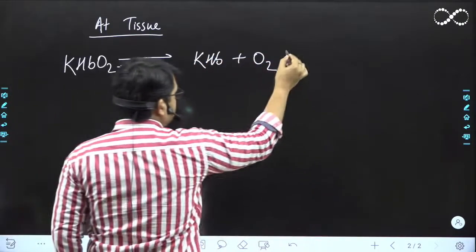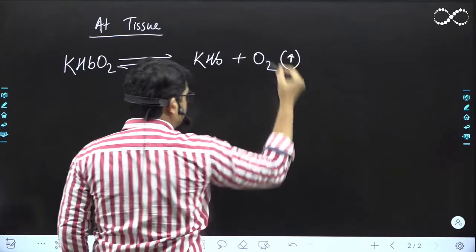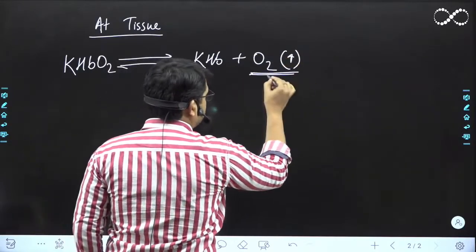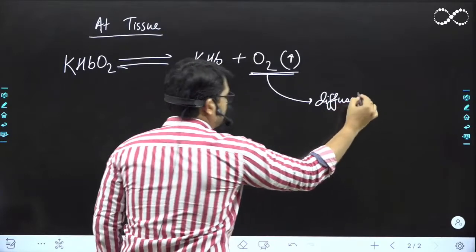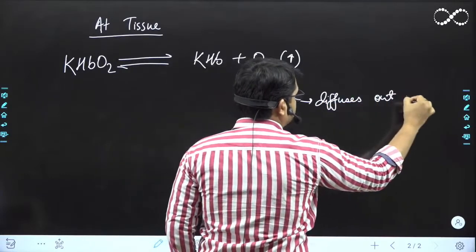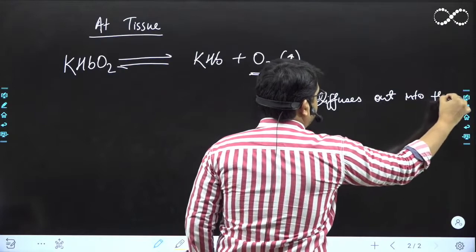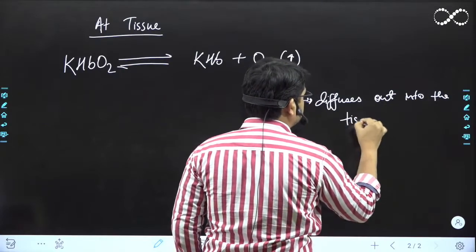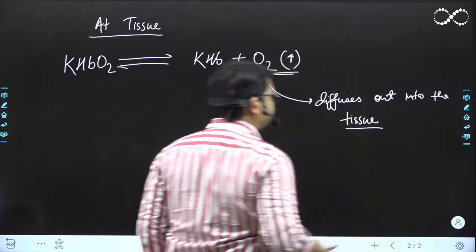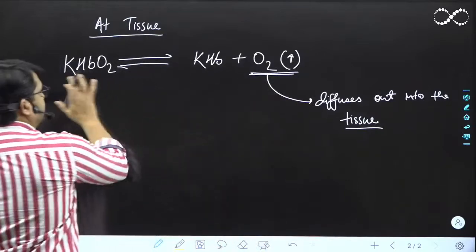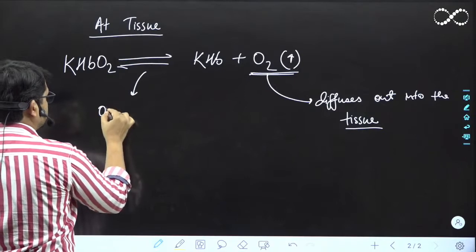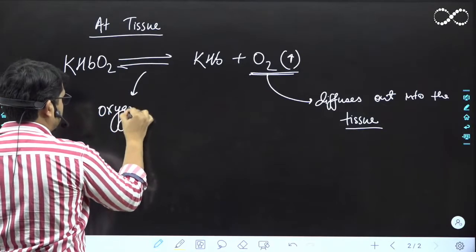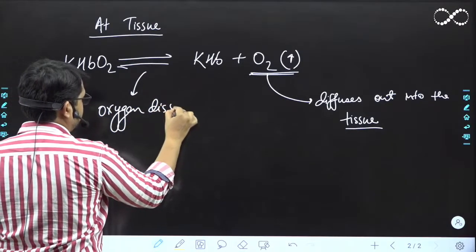So this oxygen is then liberated in the gaseous form, and then this oxygen diffuses out into the tissue. Correct? Now, this dissociation is called oxygen dissociation.